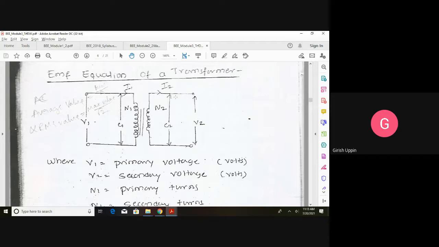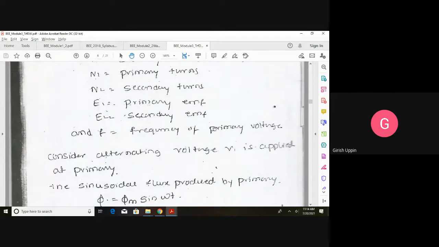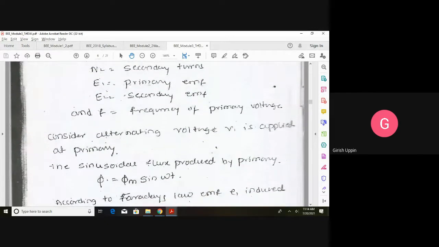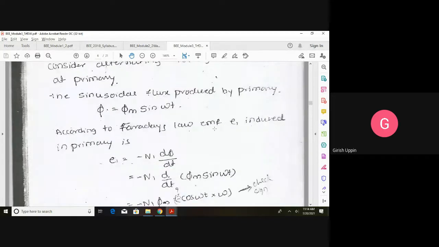I2 is the secondary current, and the induced EMF on the secondary side is E2, and these are the terminals of the secondary where we connect the load, and the voltage across these terminals is the secondary terminal voltage or the secondary voltage V2. Now, how much EMF is induced? Again, Faraday's second law: it is directly proportional to the rate of change of flux linkage.